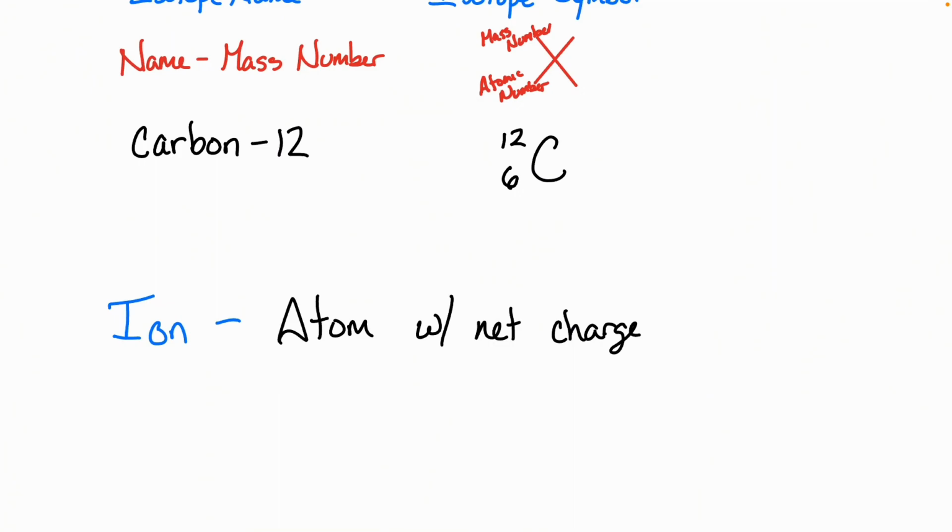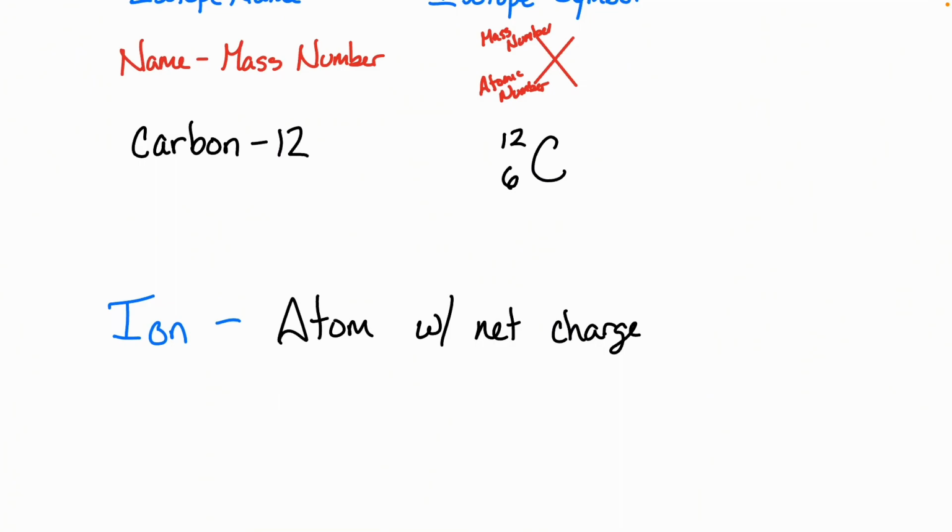So if an atom has the same number of protons as electrons, that atom would be neutral. If it has any more protons than electrons, or any more electrons than protons, there will be a net charge associated with that atom, and we call those ions.